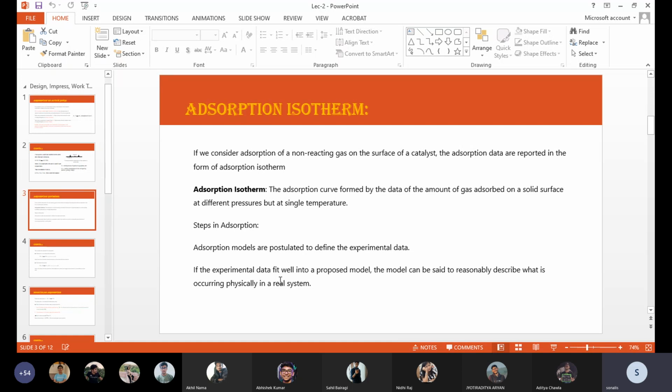If the experimental data fit well into a proposed model, the model can be said to reasonably describe what is occurring physically in a real system.